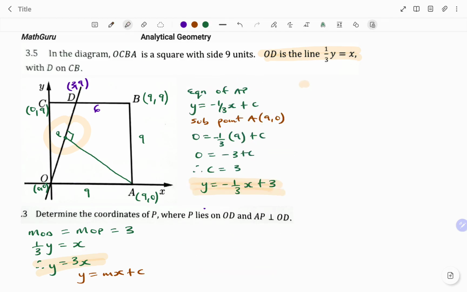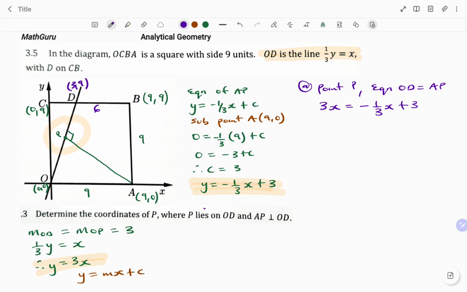So at point P, the equation of line OD is equal to the equation of line AP. OD, I have that as y equals 3x, so I have 3x will be equal to negative 1 over 3 x plus 3.